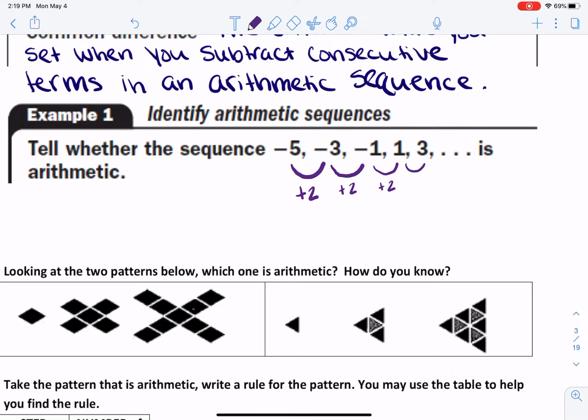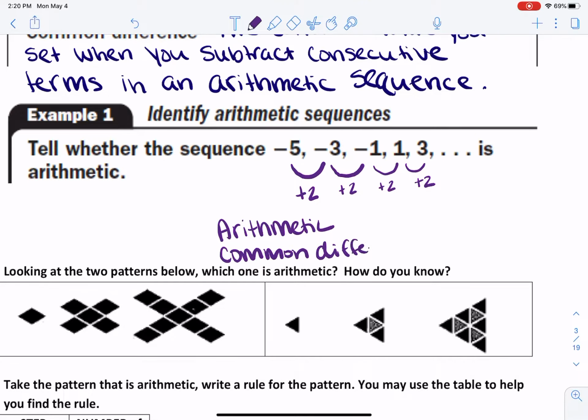Add 2 and add 2. Because we're adding 2 each time, the sequence is arithmetic, and our common difference is 2.